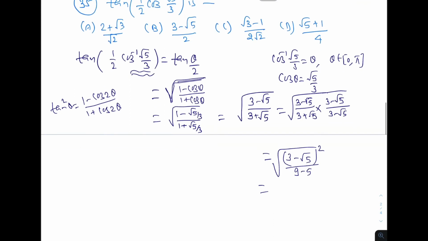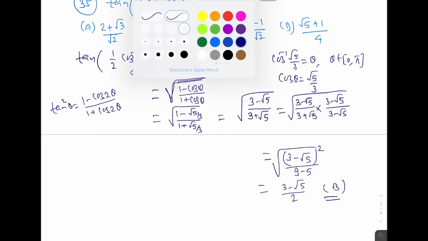And so this is equal to 3 minus root 5 upon root 4, and root 4 is nothing but 2. So the answer is B, 3 minus root 5 by 2. Okay. Let us take one more.